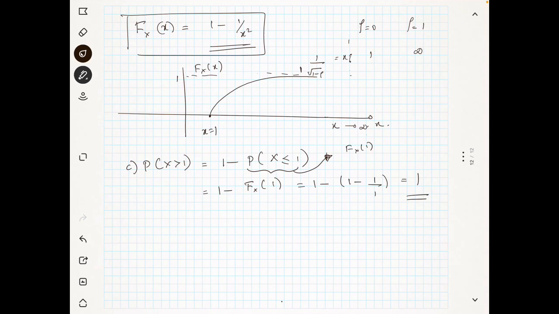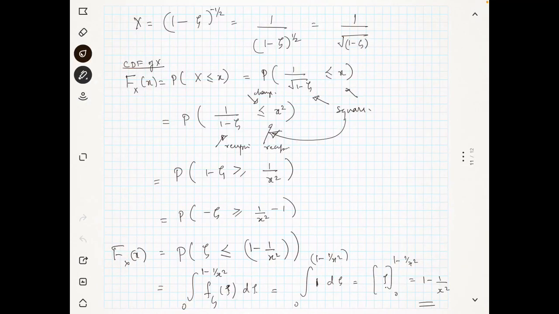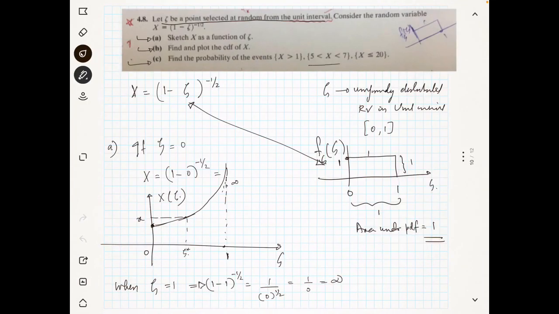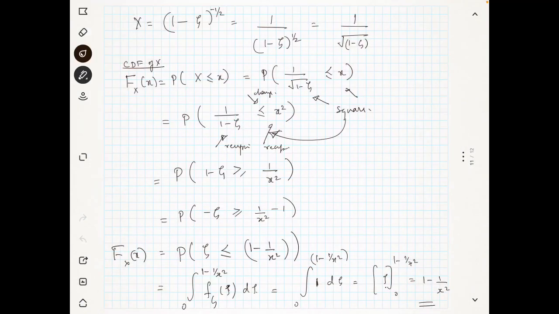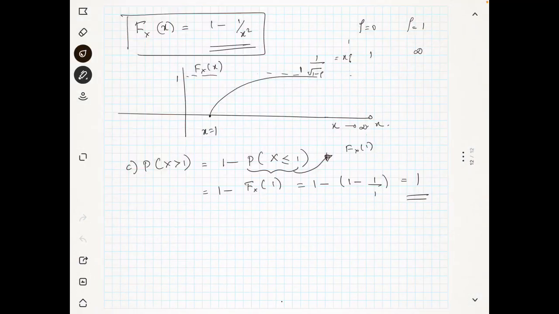Okay, now we have the second part. What is the probability that x is between 5 and 7? You can see the above one is a continuous random variable.